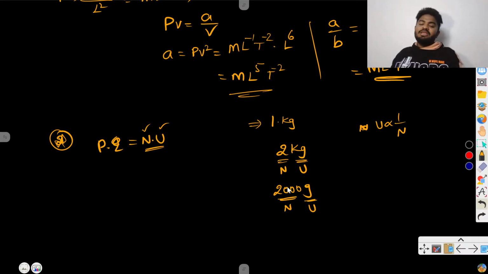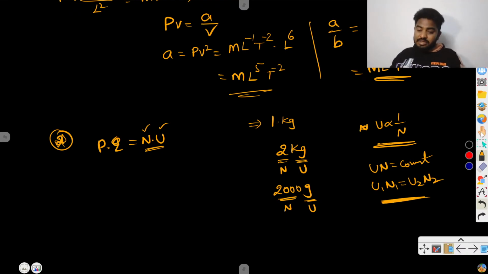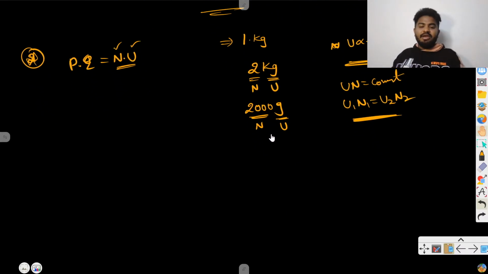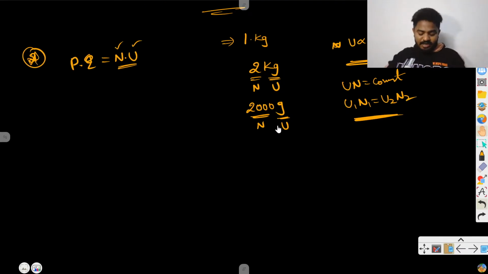When the numerical is increasing, the unit is decreasing. So when the unit is increasing, the numerical is decreasing. So the relation is u inversely proportional to n. From this I can tell that un is equal to constant, right? And I can also write u1 n1 is equal to u2 n2. So by using this formula, you are able to convert many physical quantities from one system to another system.